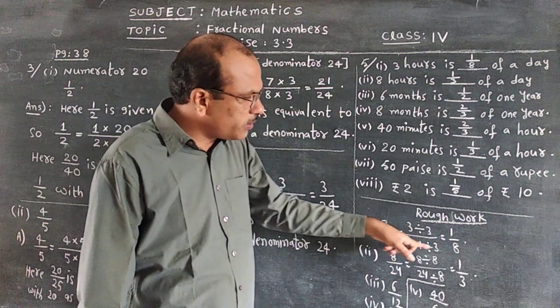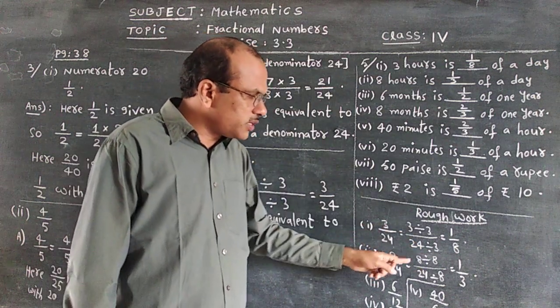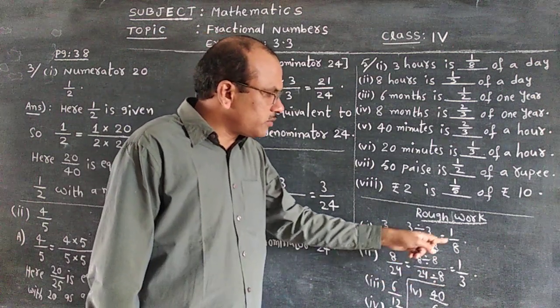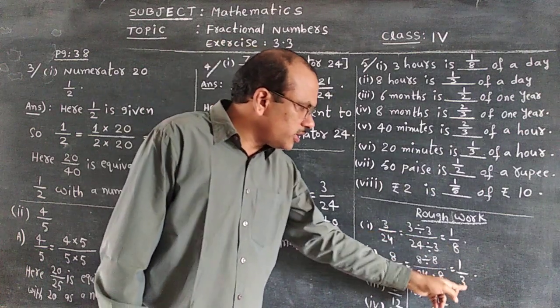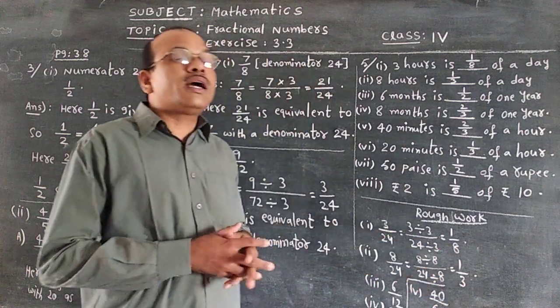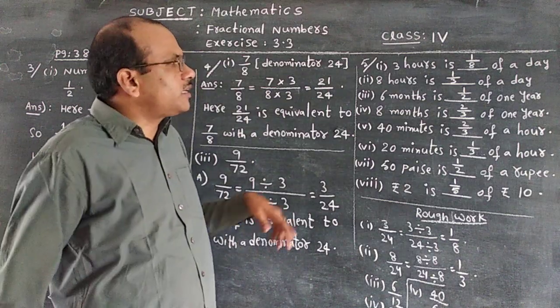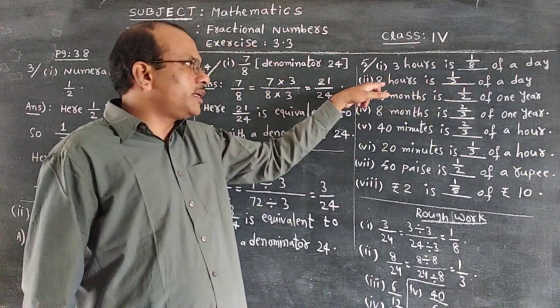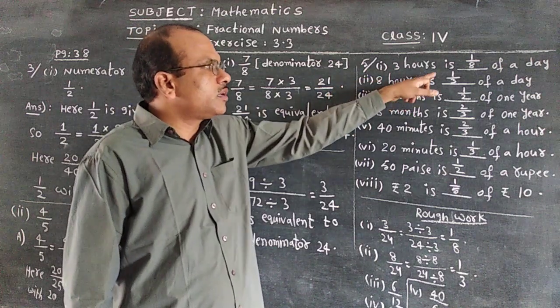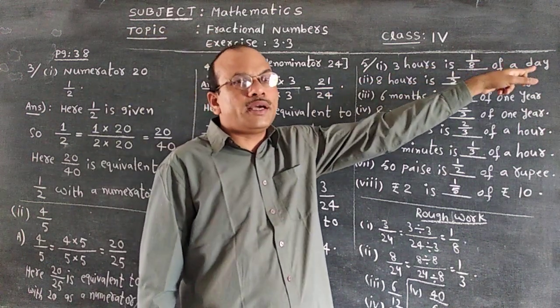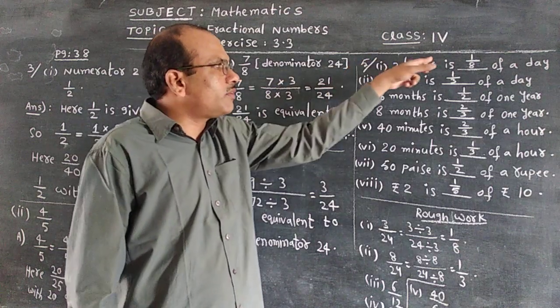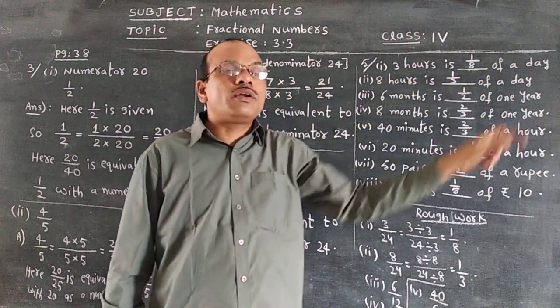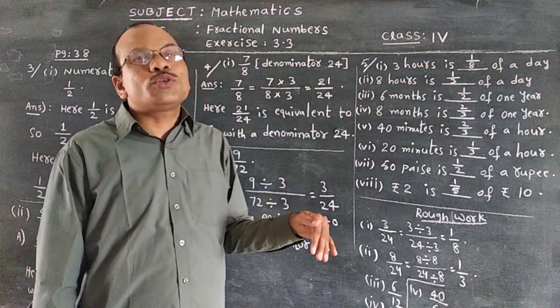So 8 by 24 divided by 8. 8 ones are 8, 8 threes are 24. Now the answer we got is 1 by 3. That's why the second answer is 1 by 3. That is, 8 hours is 1 by 3 of a day. First one, 3 hours is 1 by 8 of a day. Like that we should think.